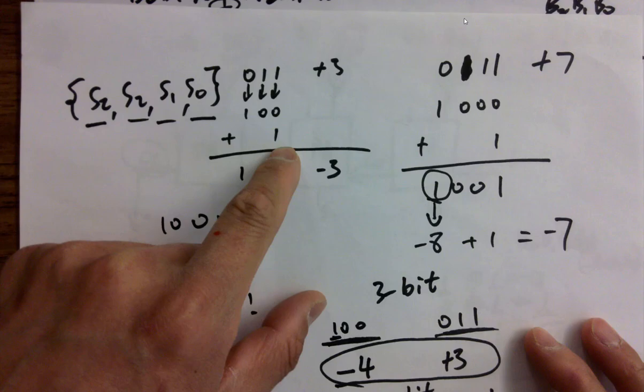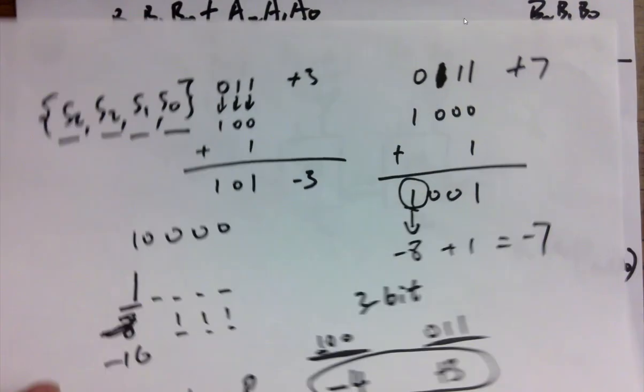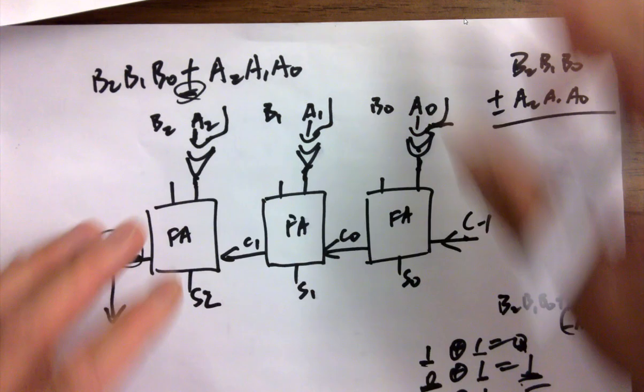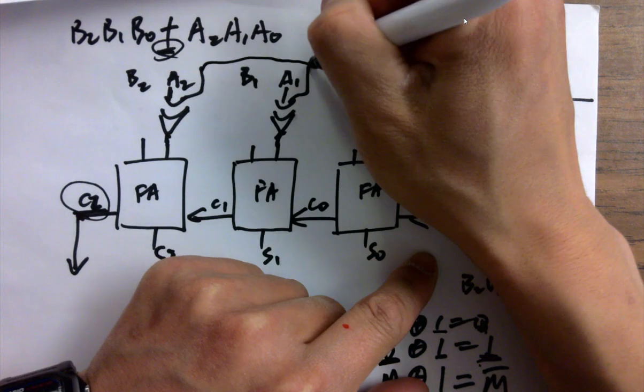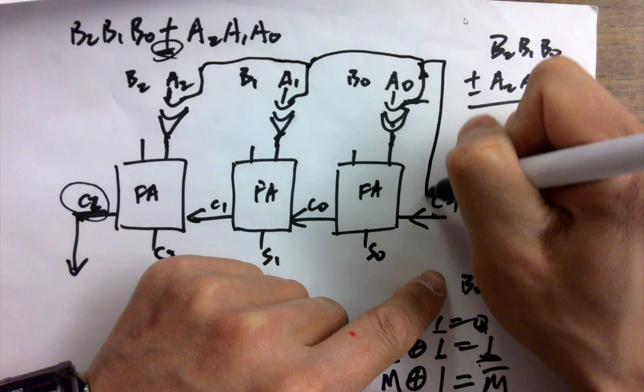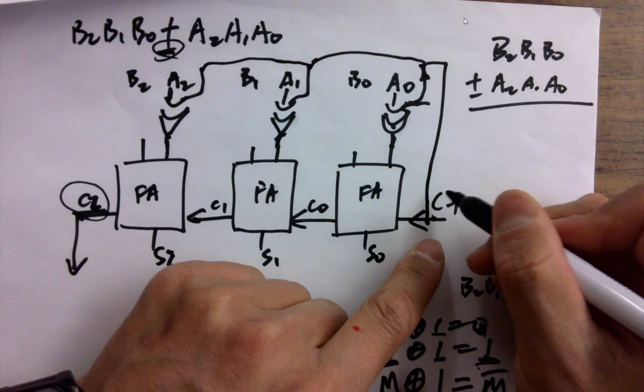So flip and add a 1. So we flip by doing XOR logic and add a 1. So connect everything to the carry in.